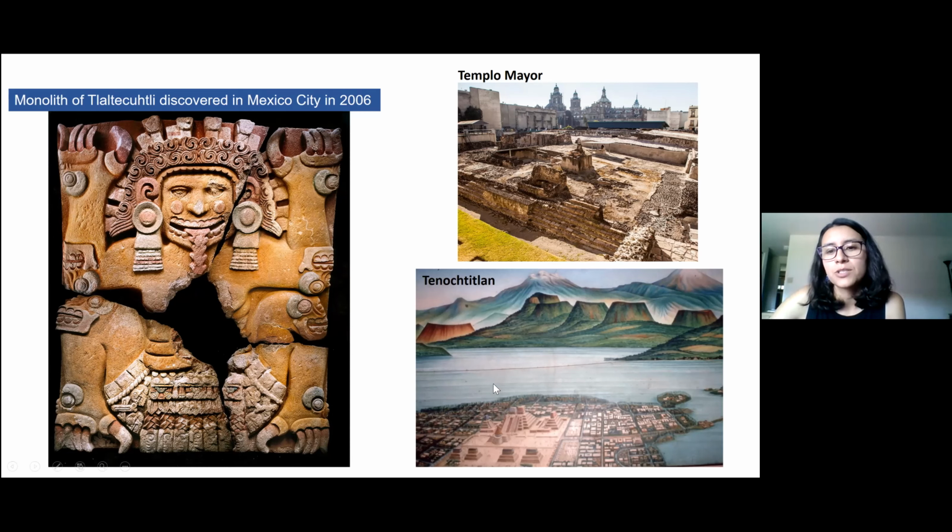Here, this picture represents how the Aztec city would look like, surrounded by lakes, and then you have the mountains over here. This is how it looks like today. And something that I was very fascinated by is that in 2006, they continued the excavations in Templo Mayor, and they were able to find this monolith of one of the Aztec gods, called Tlaltecutli.